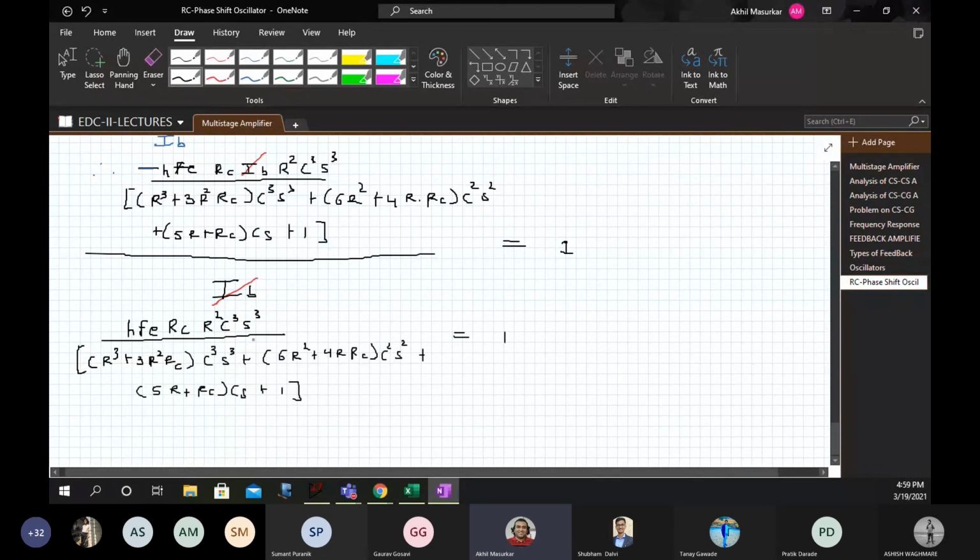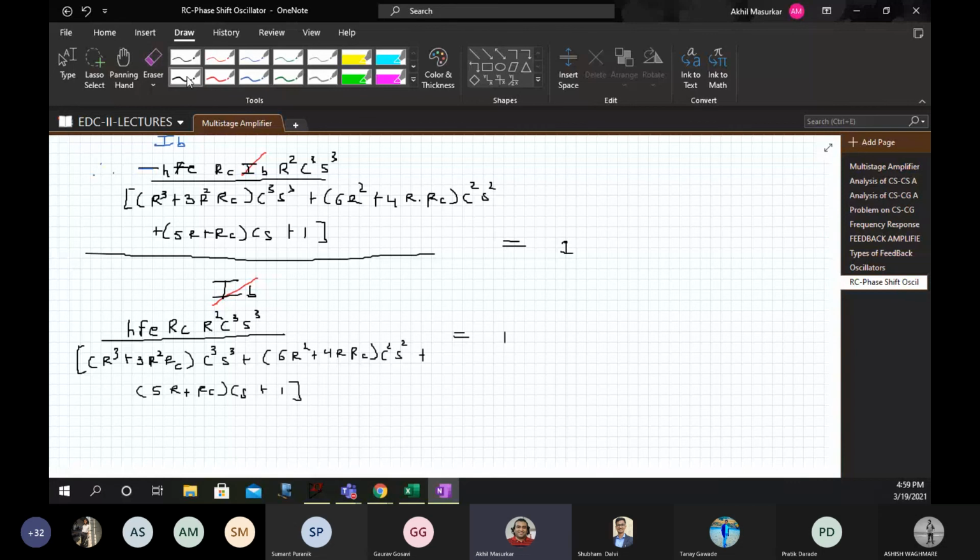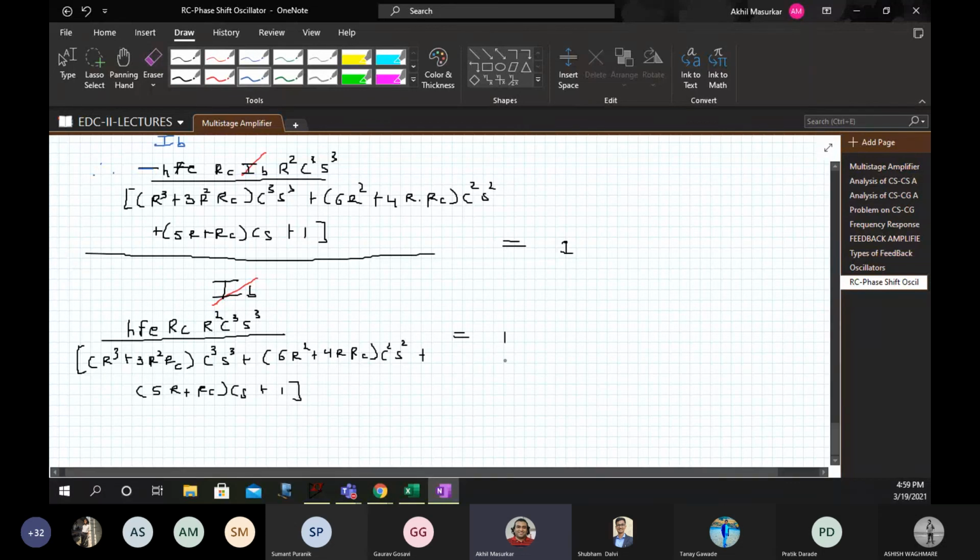Now I will stop here, but what we will continue with is: you will divide both numerator and denominator by R. Divide by R, step number 1.